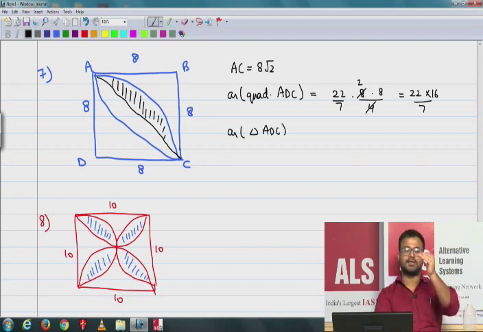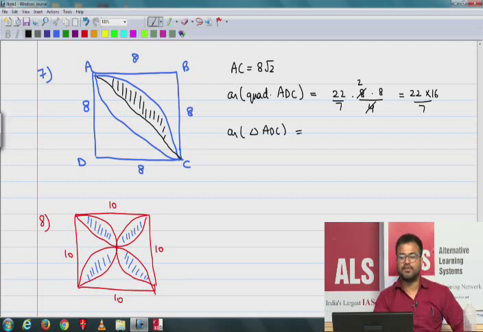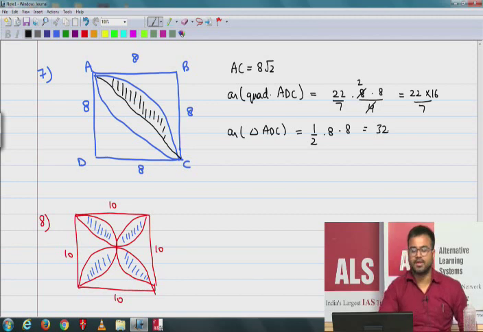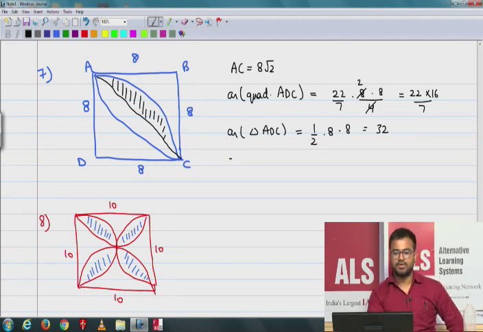And area for triangle ADC you can do. If you subtract the triangle ADC from the quadrant, you will get only the half part of the shaded region. So area of triangle ADC, that is again a right angle triangle, so half times base times height, which is 32. Now shaded is quadrant minus triangle.